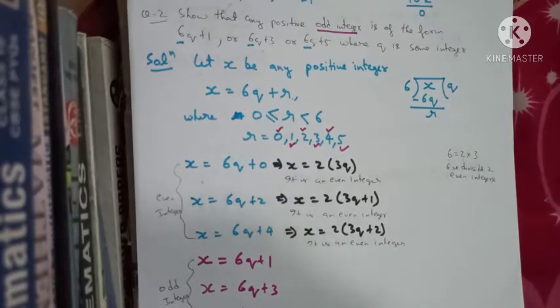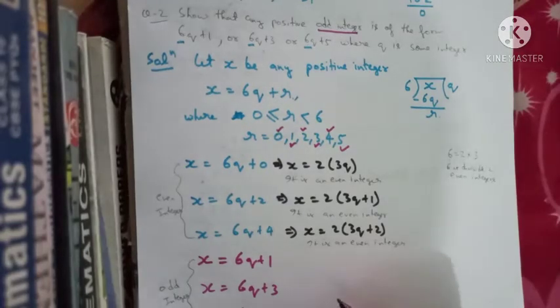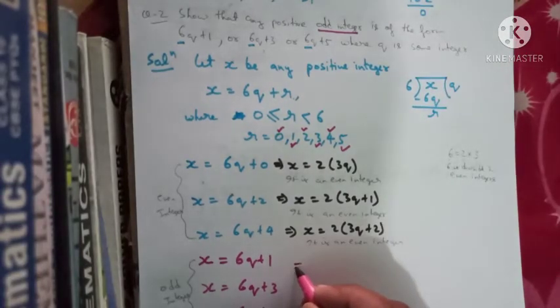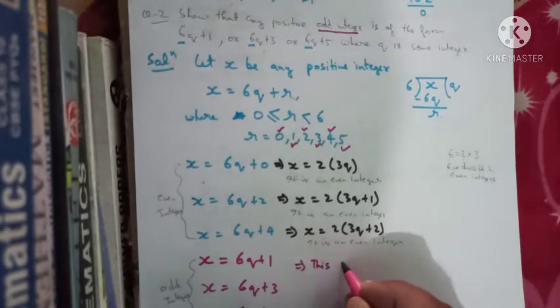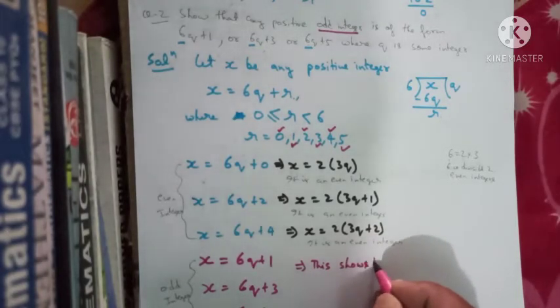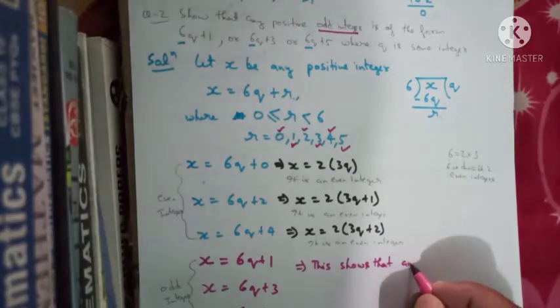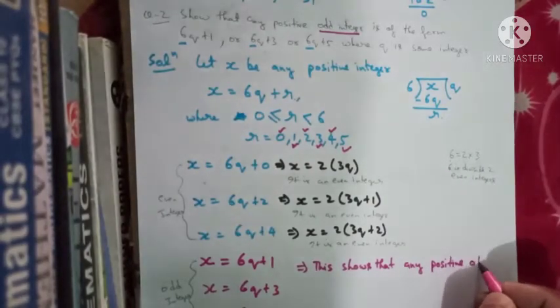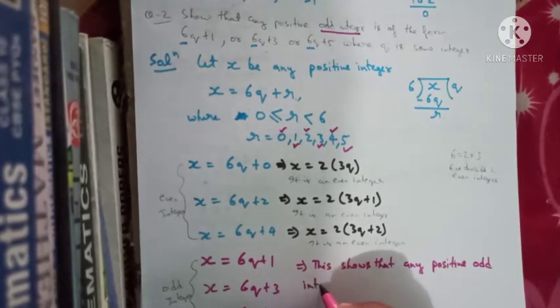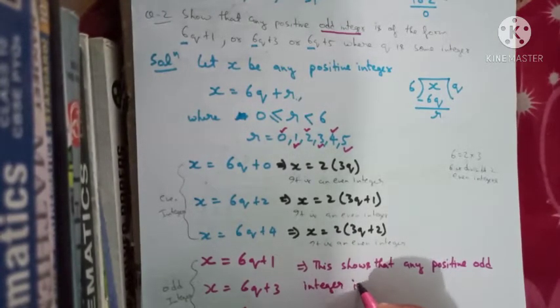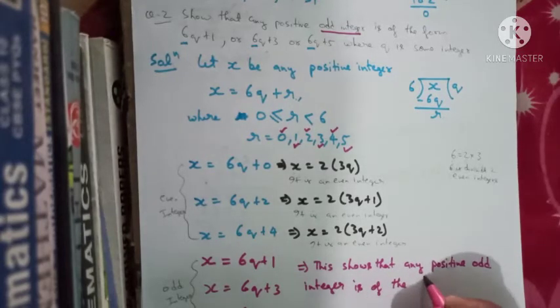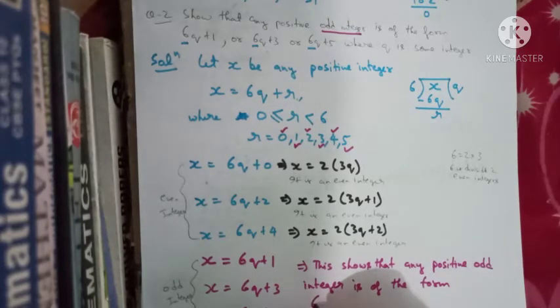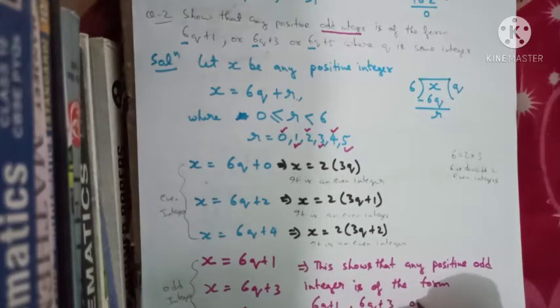So we can say from here that this shows that any positive odd integer is of the form 6q plus 1, 6q plus 3 or 6q plus 5 respectively.